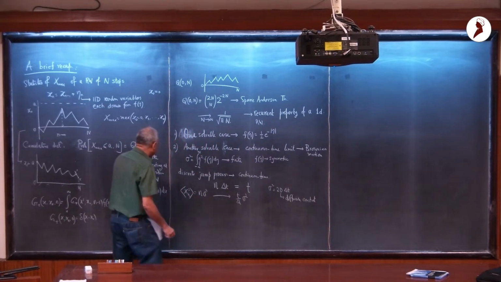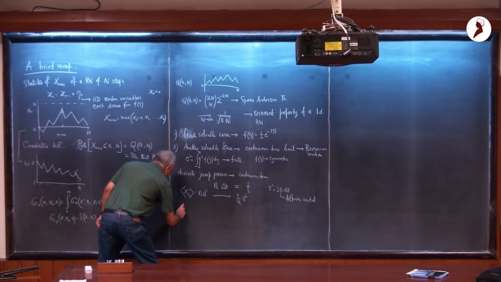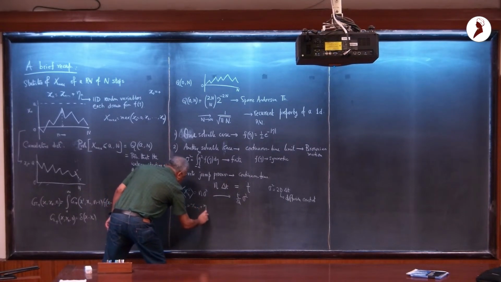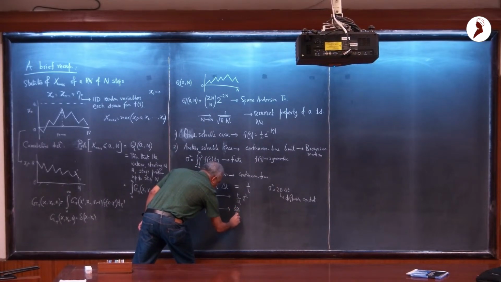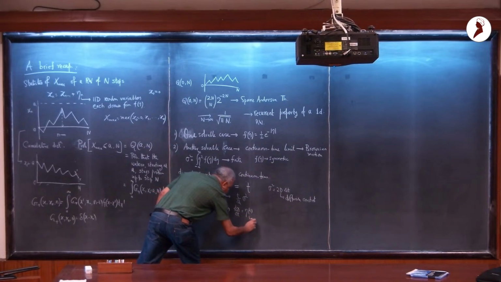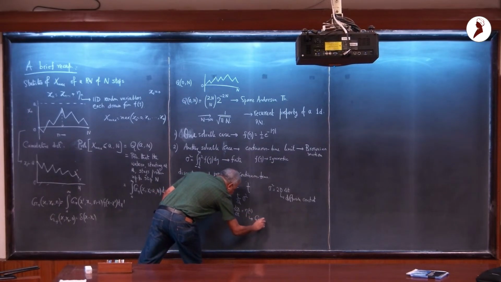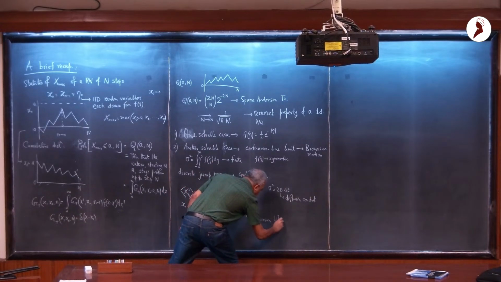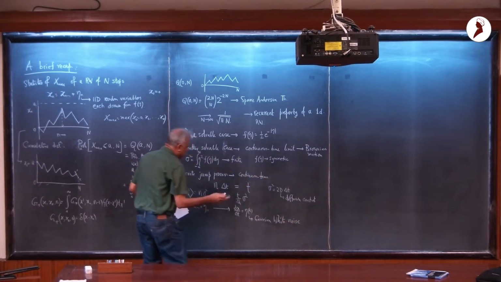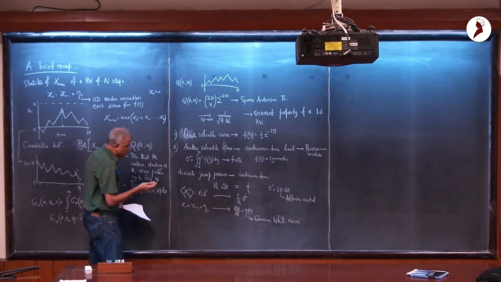And if we do that, then this process in discrete time goes to the Brownian motion, where this eta of t is now a Gaussian white noise, with a 0 mean and a delta function correlator, delta of t minus t prime.